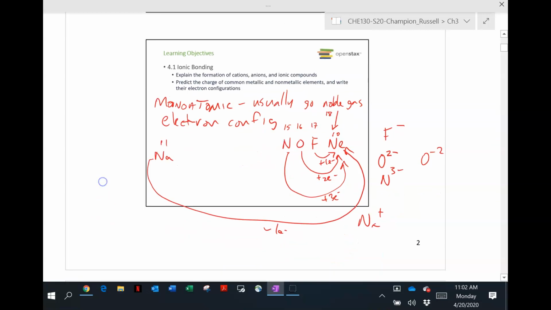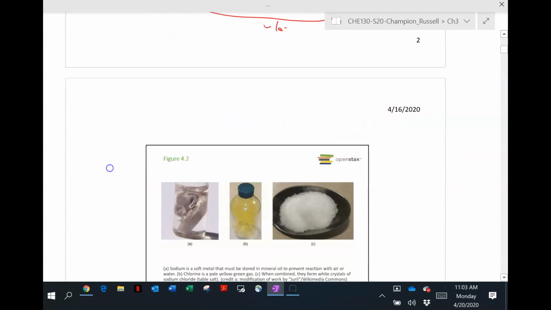Back in Chapter 3, we also looked at a periodic table which had some of the transition metal ions in it, so you may want to refresh your memory on that. What we're going to try to do is predict the charges of these common ions that we encounter, write the electron configurations of them, and then put them together in compounds.